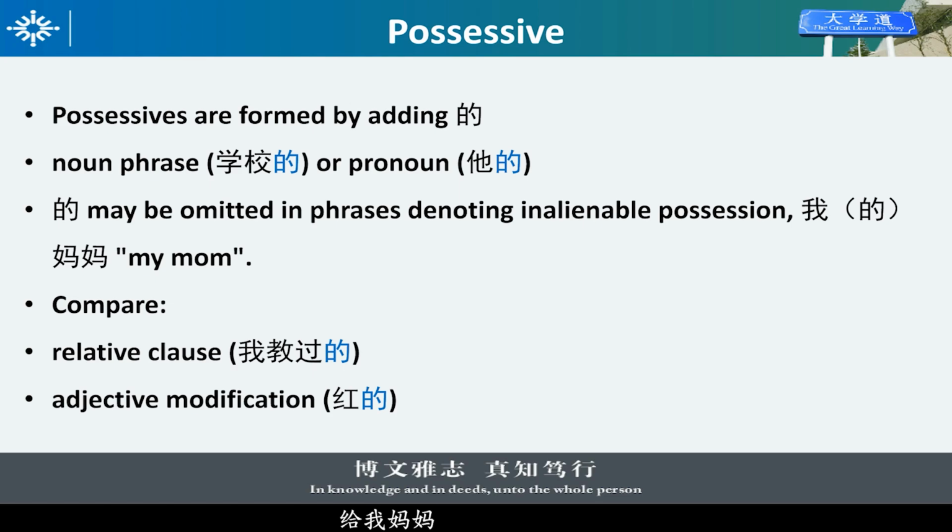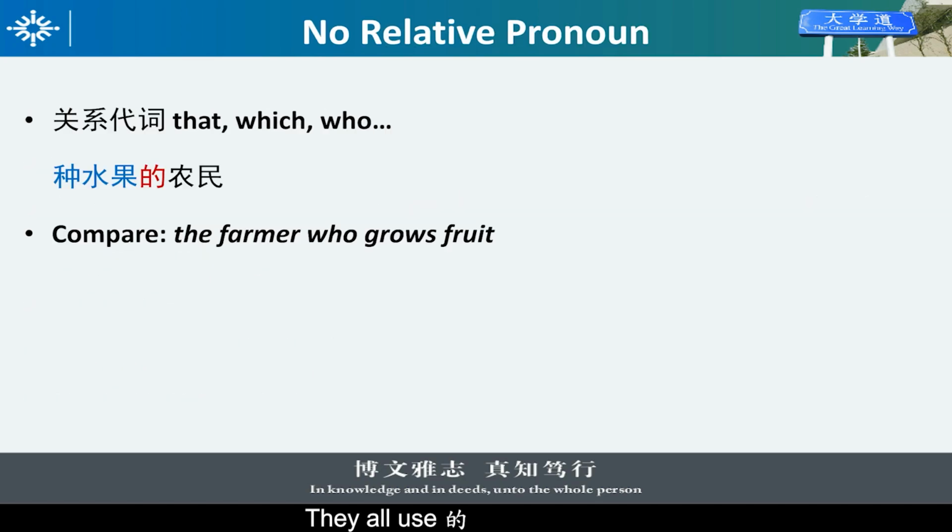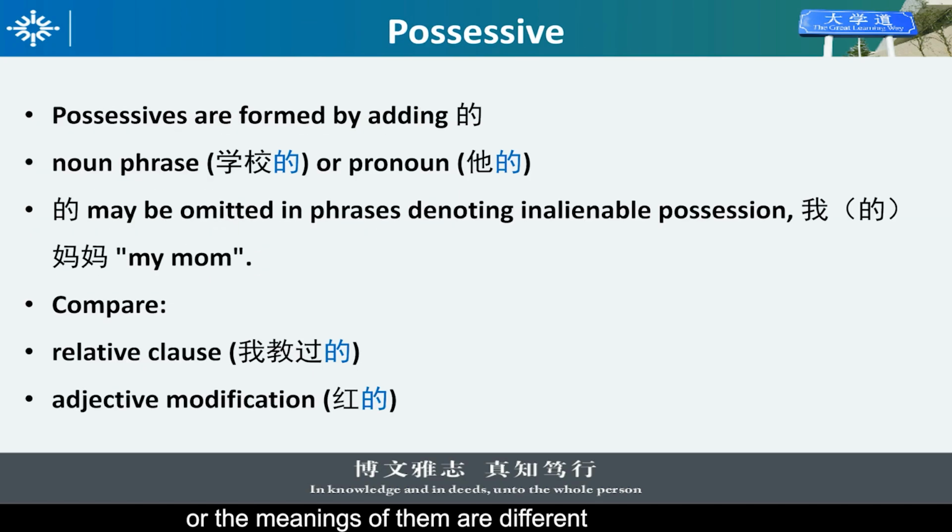Compare that with the relative clause 我教过的 and adjective modification 红的. We mentioned those different usage of de earlier, right? Okay, you can compare them. The form of them are the same. They all use de, but the function of them or the meaning of them are different.